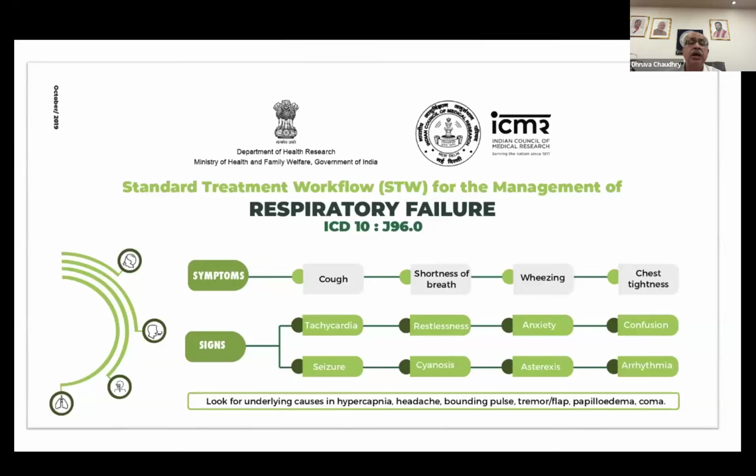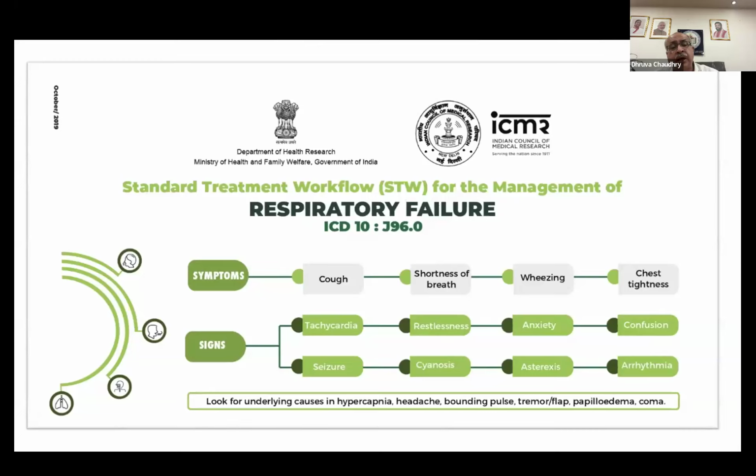What is very important is that the respiratory failures we have put up here are primarily those due to respiratory diseases. We are not covering respiratory failure which can happen because of ventilatory causes, like a traumatic spinal injury, demyelinating disorders, vascular disorders, snake bite, or neuromuscular block, etc. Here our focus in this STW has been on respiratory failure caused by respiratory disorders.